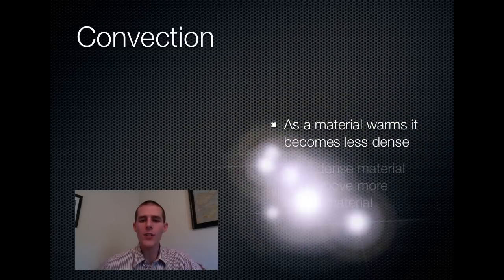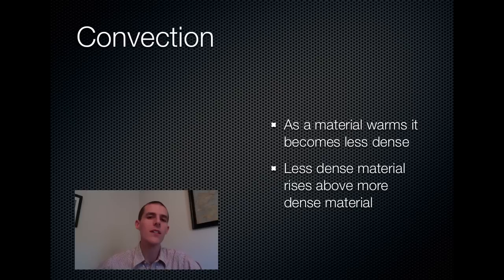This idea of convection is a big idea that you're going to see multiple times throughout the course of this class, so I want you to do your very best to understand it. Convection is based on the principle that as a material warms, it becomes less dense. By less dense, here's what I mean. Our cool material might have the atoms all packed together very tightly.